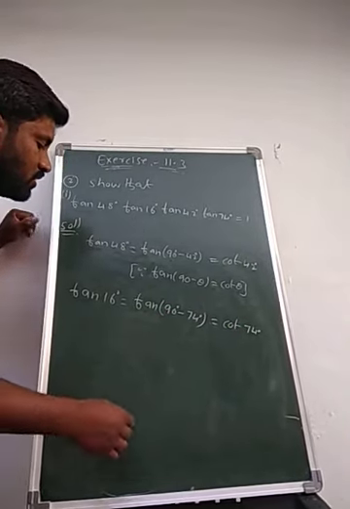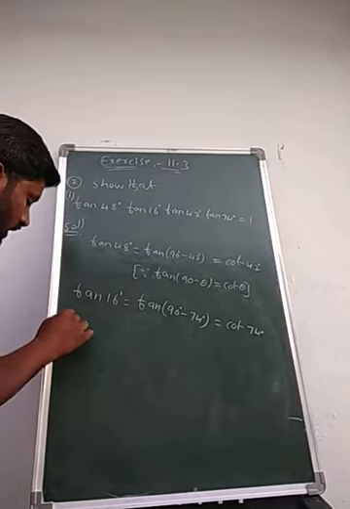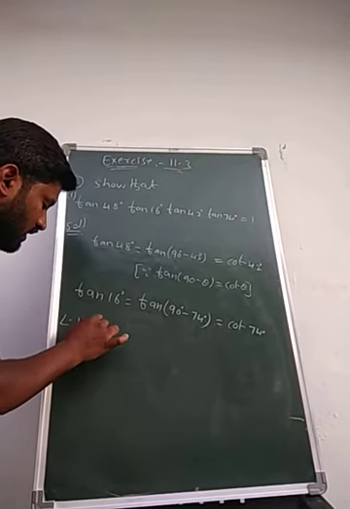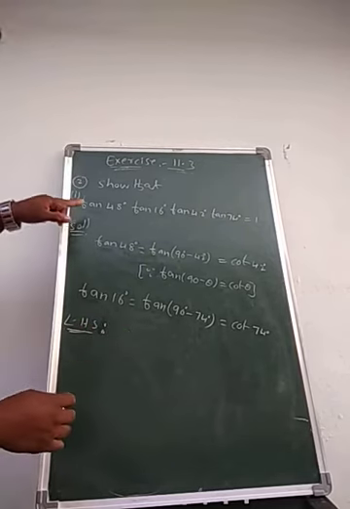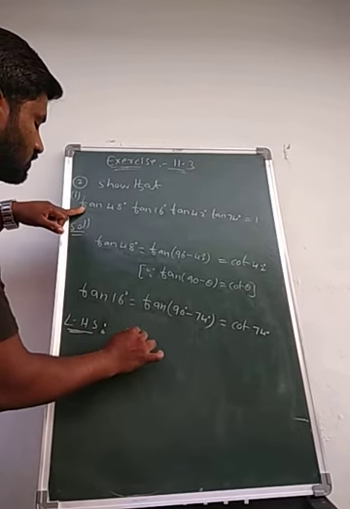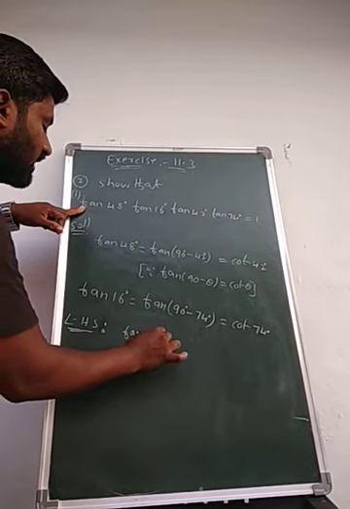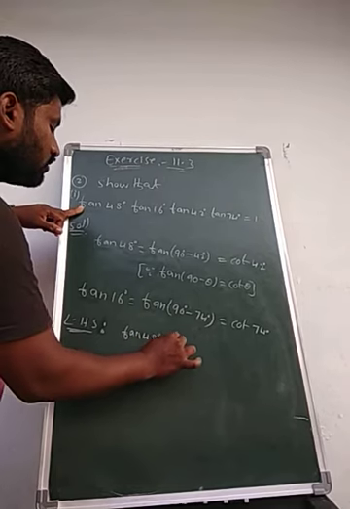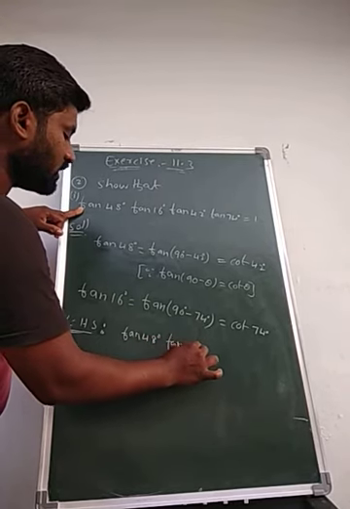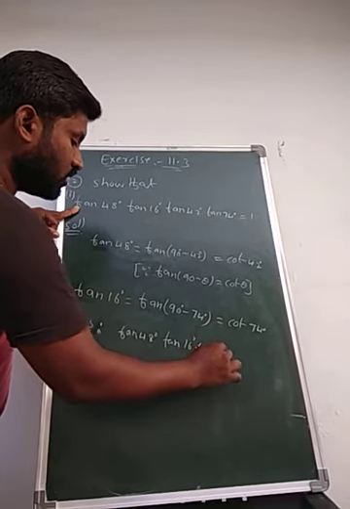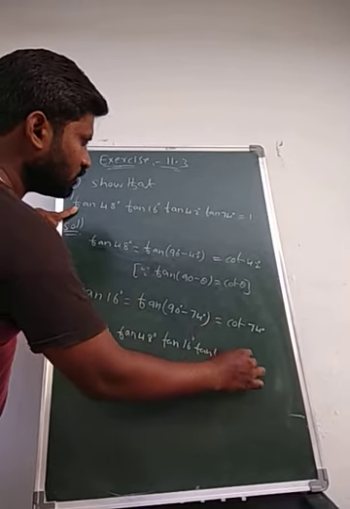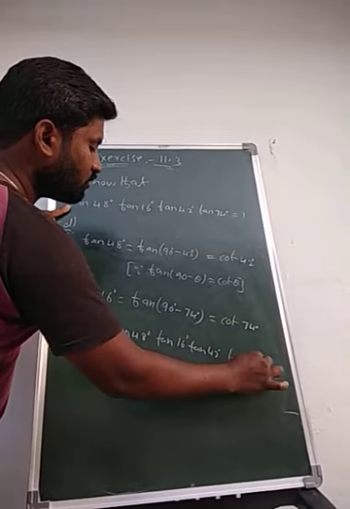Now coming to the LHS part. What is the LHS part? The given LHS part is tan 48 degrees into tan 16 degrees into tan 42 degrees into tan 74 degrees.